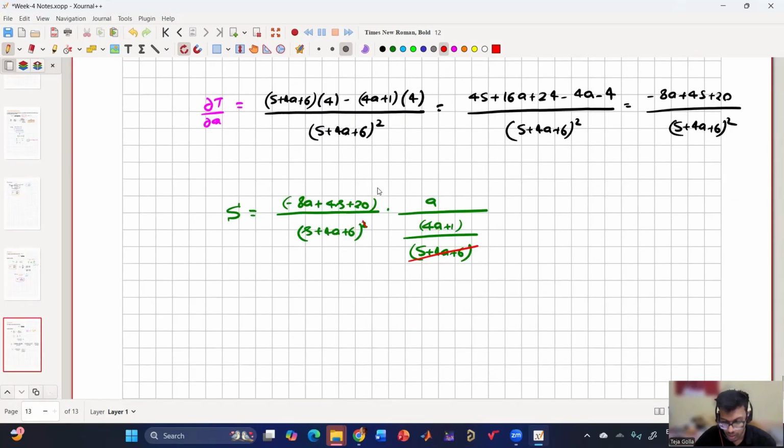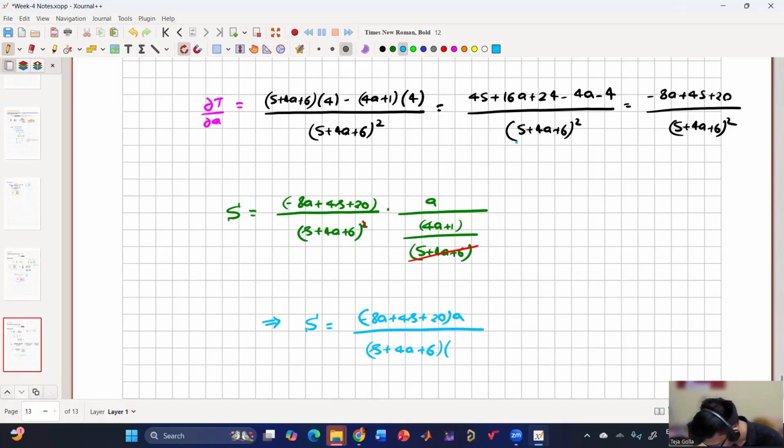And finally, the answer that we get is: sensitivity is equal to minus 8A plus 4S plus 20 into A by S plus 4A plus 6 into 4A plus 1. So this is the overall sensitivity.